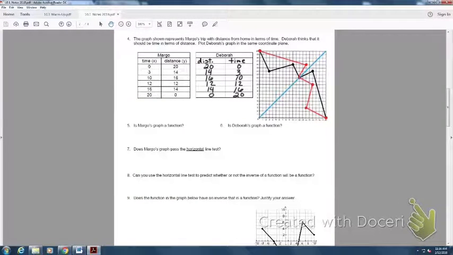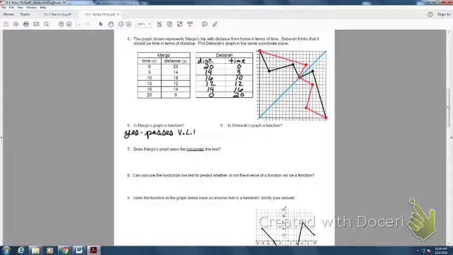So the first question asks, is Margot's graph, that's what was on there originally, is Margot's graph a function? Yes or no? Yes. Yes, because that black line, I can't draw a vertical line and have it go through there twice. So again, the only explanation that I need on that is passes VLT. VLT.